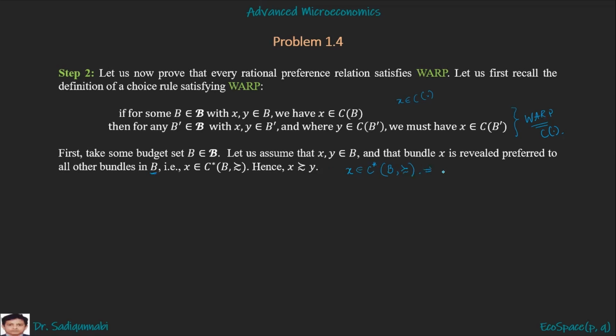This implies X is preferred to Y. We can use a symbol here, R. That means X is revealed preferred to Y.